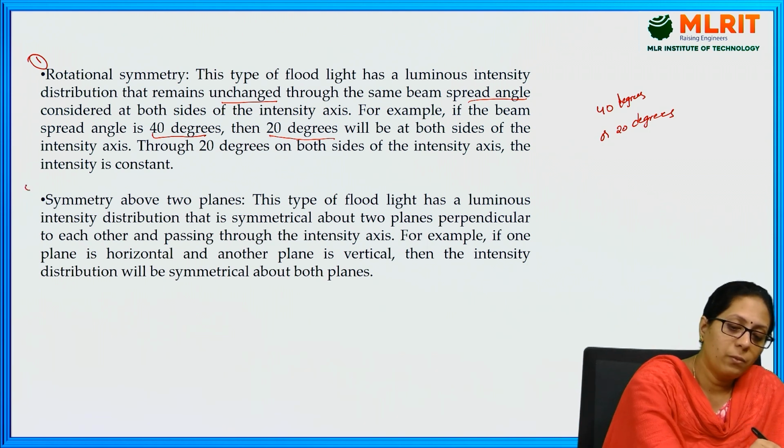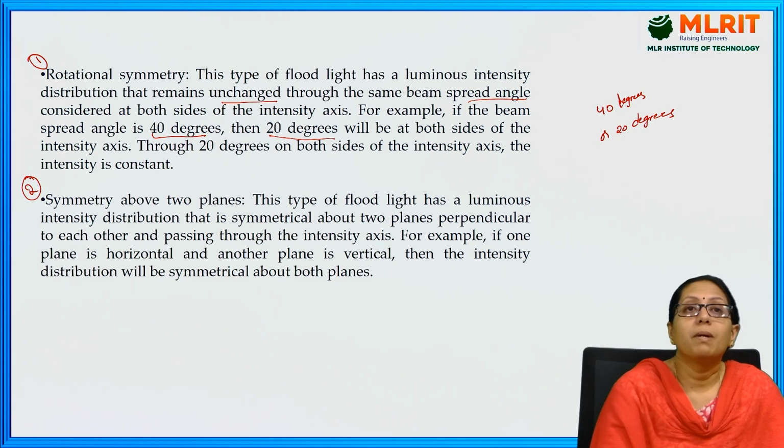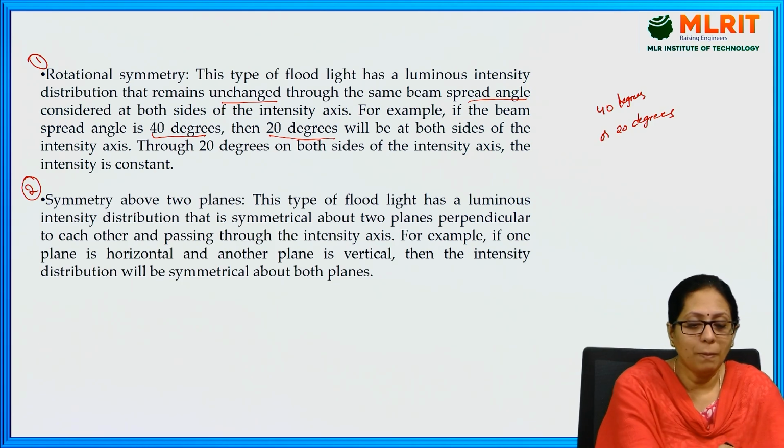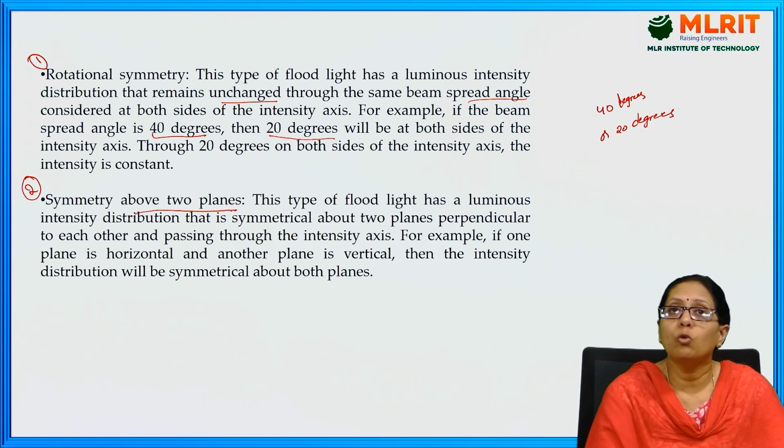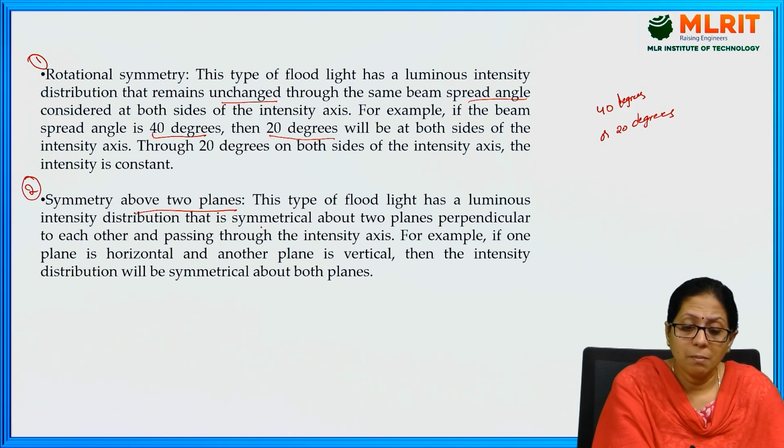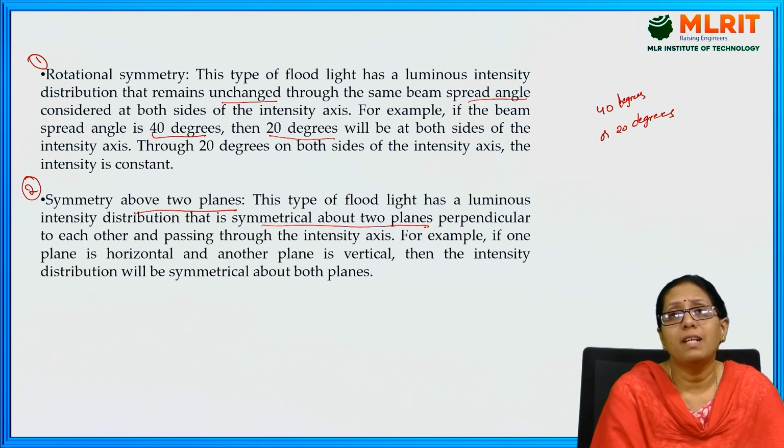So the second one is symmetry about the two planes. This type of floodlight has a luminous intensity distribution that is symmetrical about two planes, that is the x-axis as well as the y-axis.